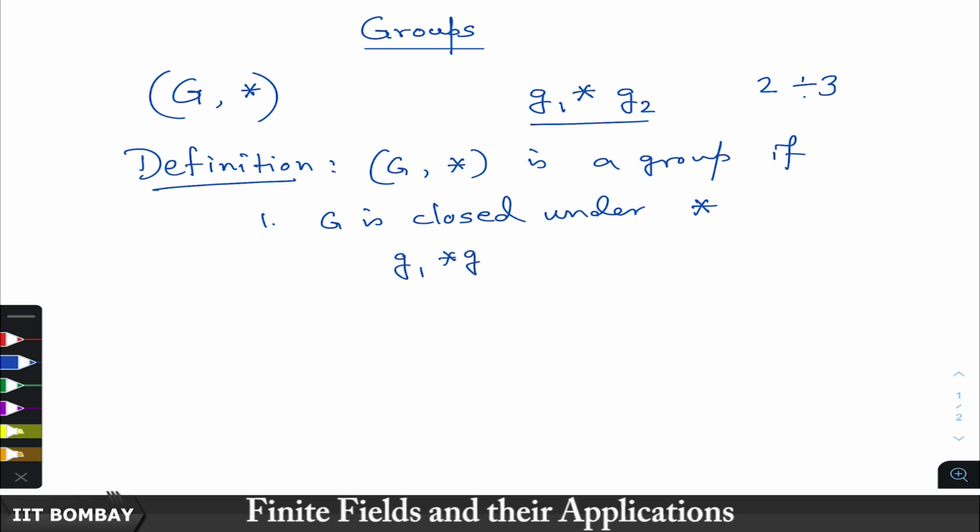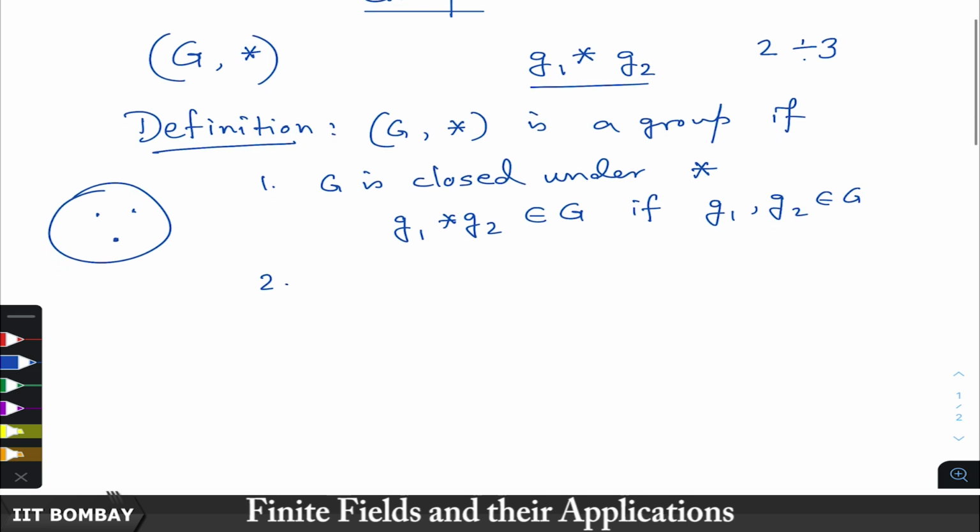What it means is that G1 star G2 is also in G if G1 and G2 are in G. For any G1, G2 in G, G1 star G2 is also in G. When that happens, we say that G is closed under star, meaning that if you take two elements and apply the star operation, the result is still inside G. So, it is closed under that operation.